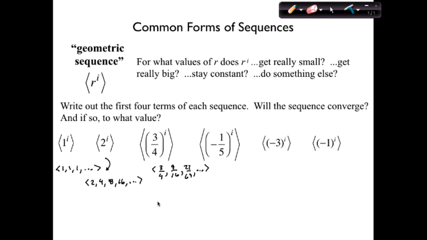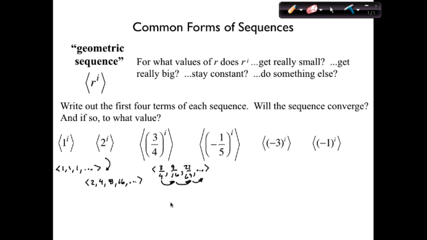Converges to? Yeah, so what's really going on with these sequences? How do you get from one to the next? How do you get, in a geometric sequence, to the next term? Multiply by 3/4, right?